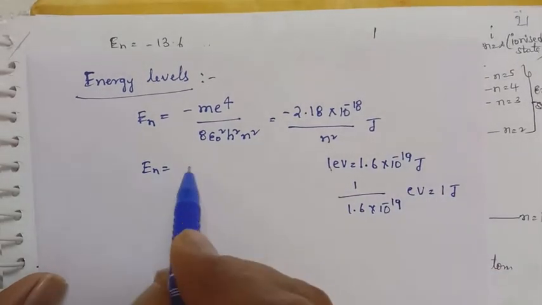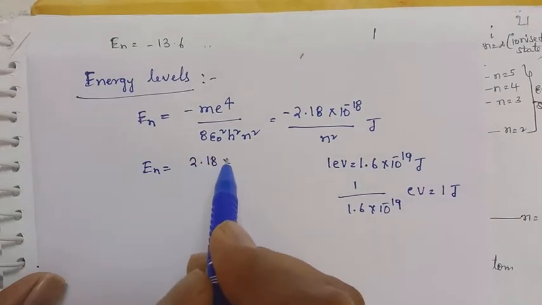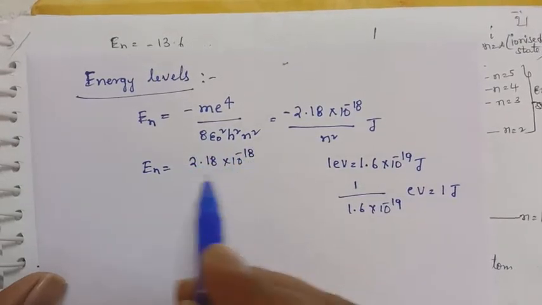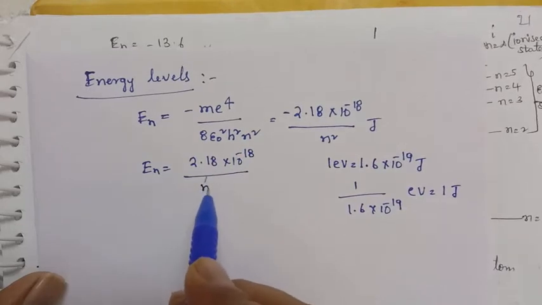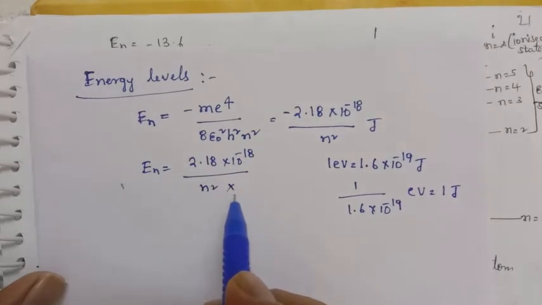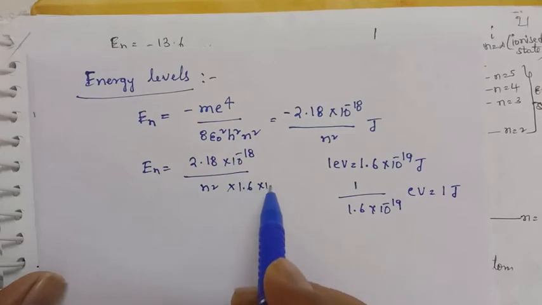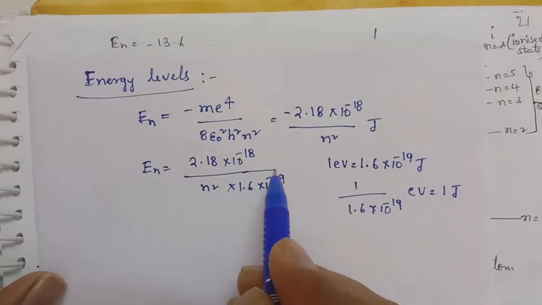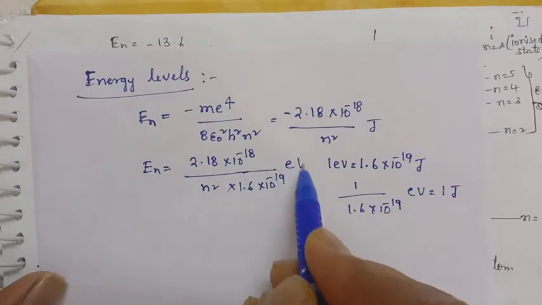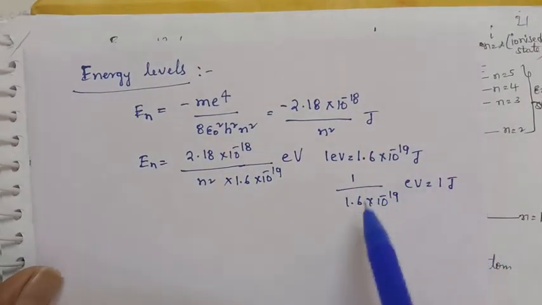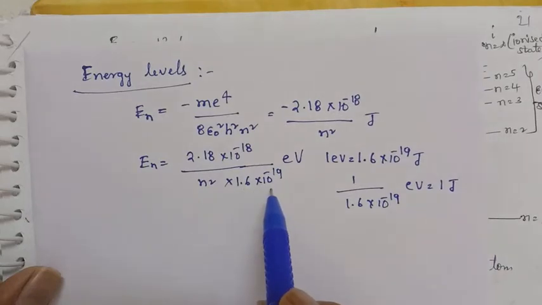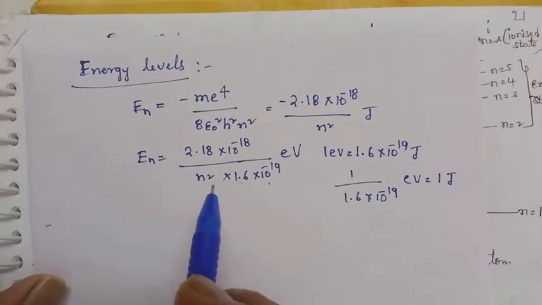Then you have to substitute here 2.18 into 10 to the power of minus 18 upon n square into 1.6 into 10 to the power of minus 19. It is in terms of electrovolts. So joule is replaced by 1 by 1.6 into 10 to the power of minus 19 electrovolts.